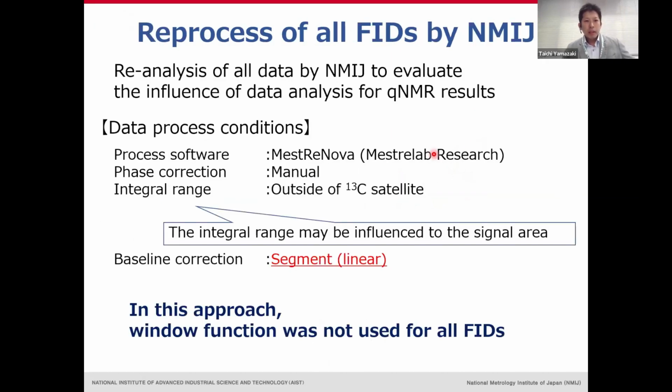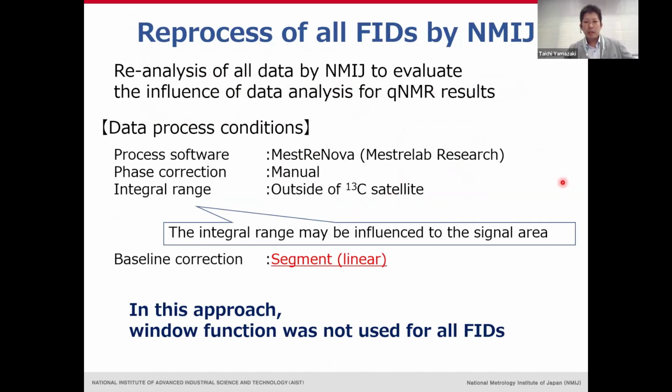So we'll discuss the data processing. NMIJ reprocessed all FIDs in these comparisons, a reanalysis of all data by NMIJ to evaluate the influence of data processing on the qNMR result.